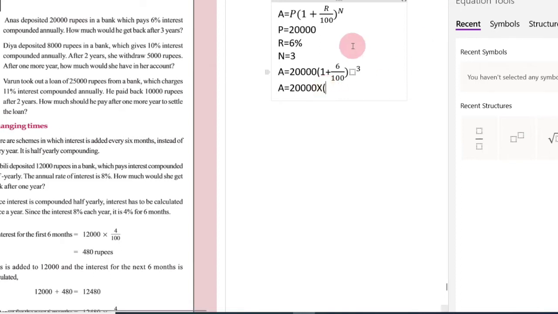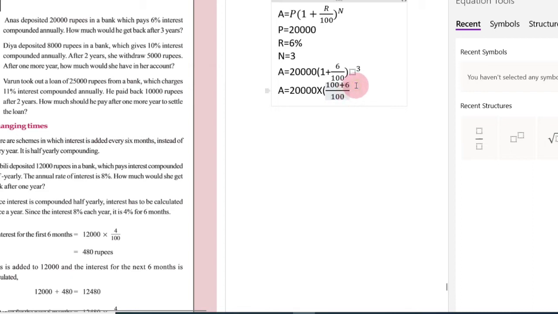Using the cross multiplication method, that is 1 into 100 is equal to 100, plus 6, by 100. So that is equal to 100 plus 6 by 100. Okay, just the cross multiplication method.